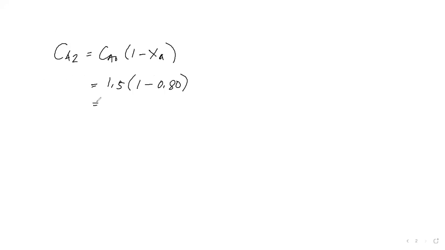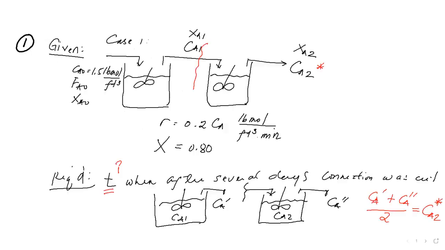So your final concentration would be 0.3 pound mole per cubic feet. So this is the Ca2 asterisk that we will equate later to the Ca prime plus Ca2 double prime divided by 2.